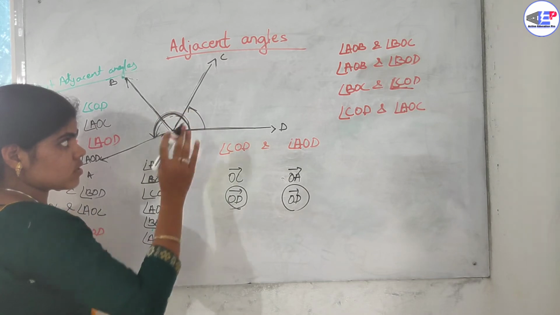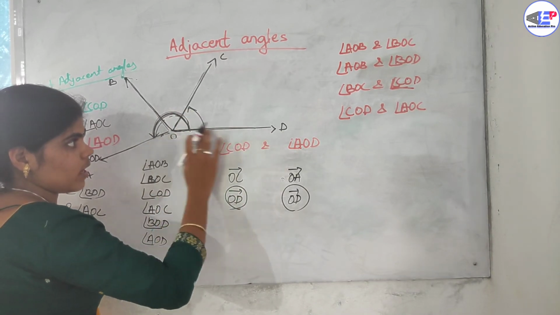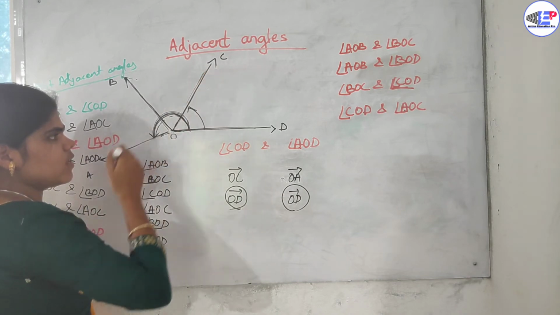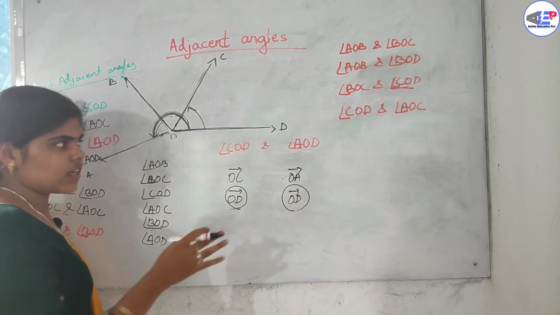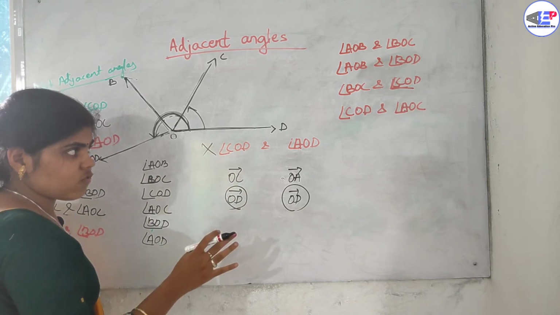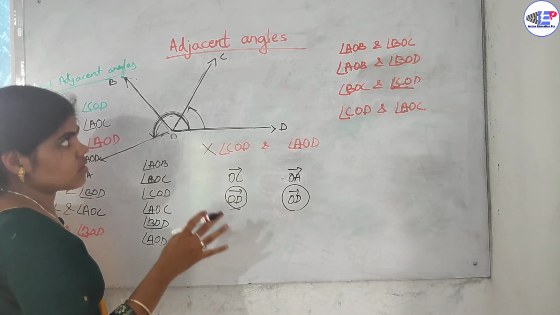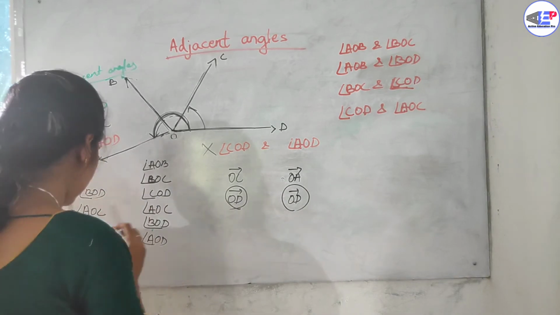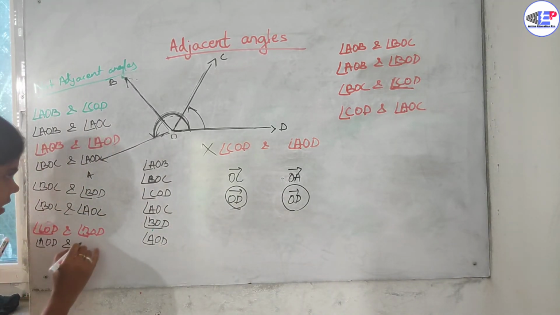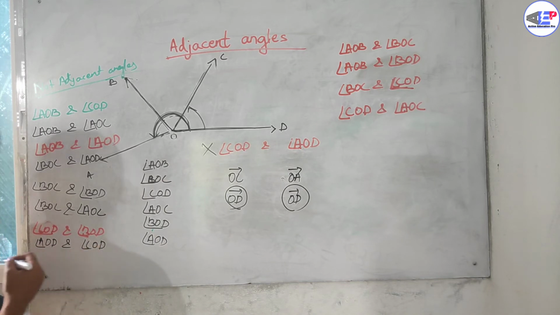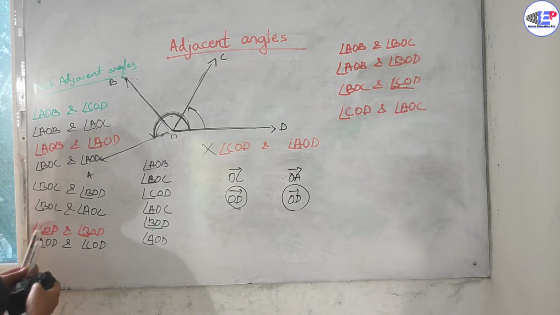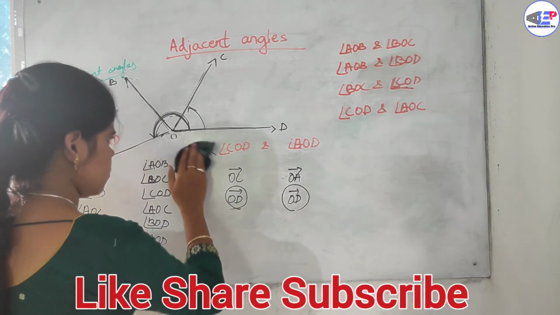This angle is considered with the rays OA and OD. So if you move anti-clockwise, then OC and OA are both present on a single side of the ray OD. So these angles are not satisfying the conditions to be a pair of adjacent angles. So right here, AOD and COD are another pair that is not a pair of adjacent angles.